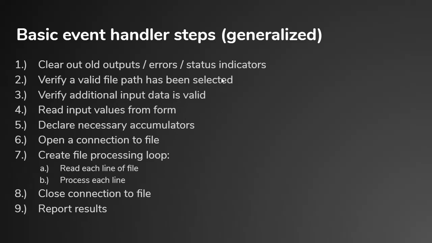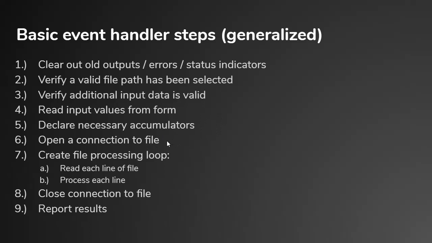And then after you've validated your file path and your inputs, it's time to read in all the input values from the form. Create any accumulators you may need in your file processing loop. And then once you've set those components up, you're ready to open the file and start reading over the file.